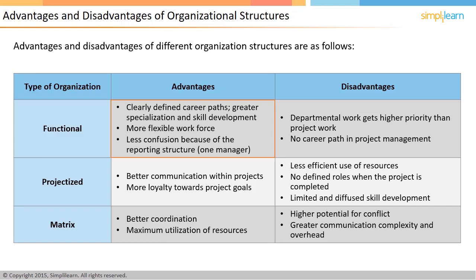It will be a flexible workforce since only one manager will be responsible, avoiding confusion. The disadvantage of such organization type is that project work is hampered. Department work is always given higher priority than the project work. In addition, there is no career path in project management, which leads to lower interest in projects.